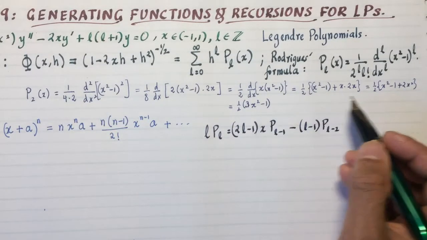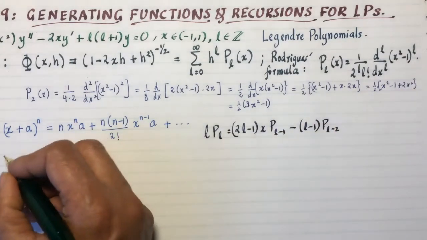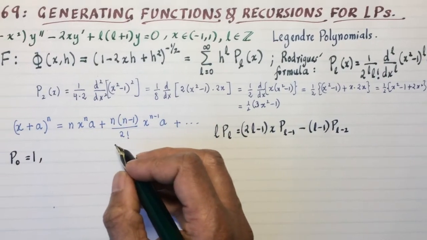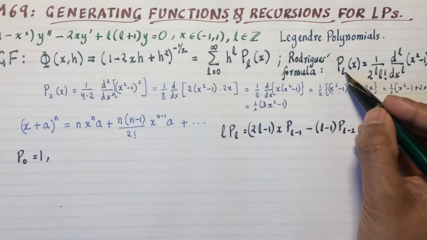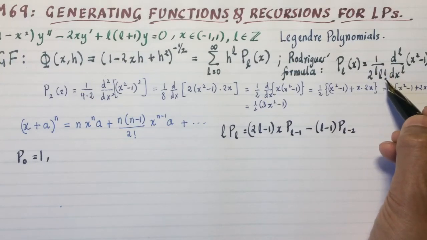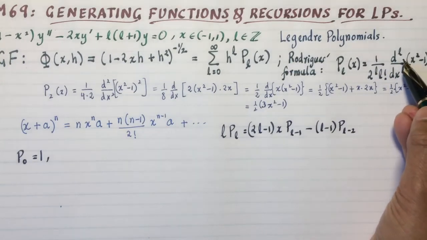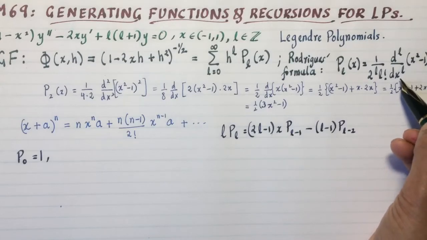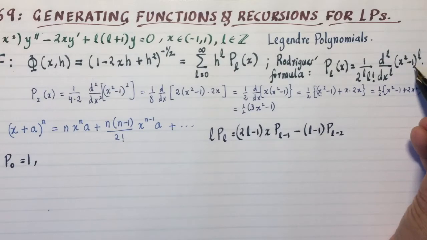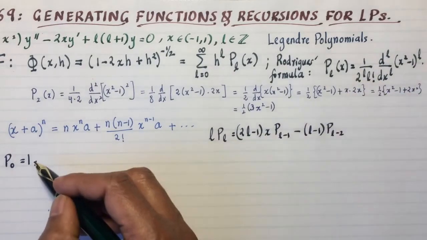So let's assume that hard work gave us P0. It turns out that P0 equals 1. And that's actually not very hard to prove. P0 is equal to 1 over 2 to the 0. L factorial is 0 factorial, which is 1. And d to the power 0 over dx to the power 0 is again nothing. x squared minus 1 to the power 0 is again 1. So that's believable.